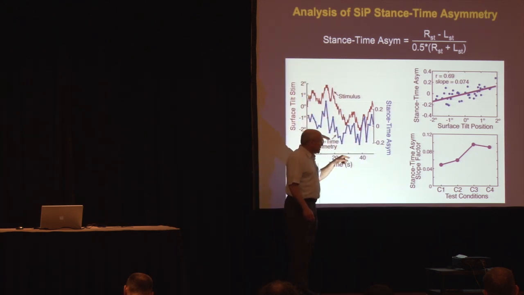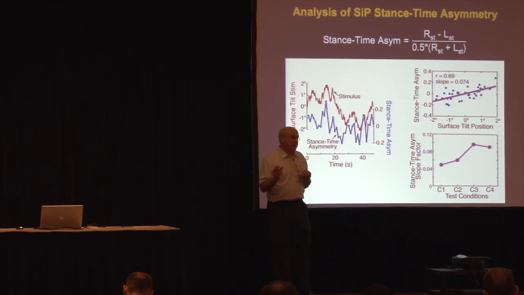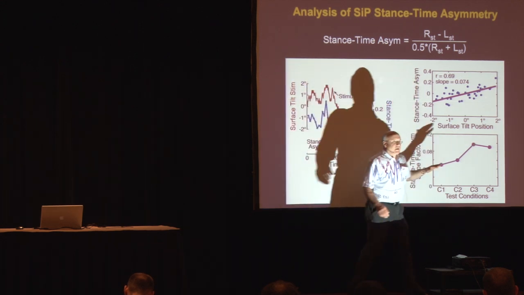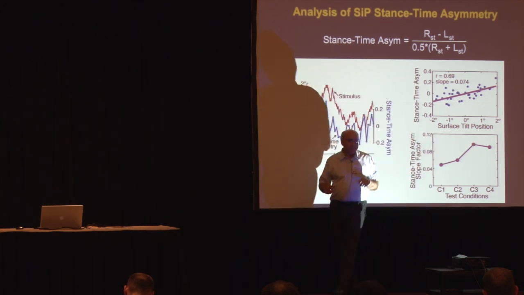And then the C3 condition was to also step against this guide, but onto a narrow rail, which was about 2 centimeters wide. So that would largely take away the ability to make ankle joint corrections. And then you get almost a doubling of this asymmetry slope.